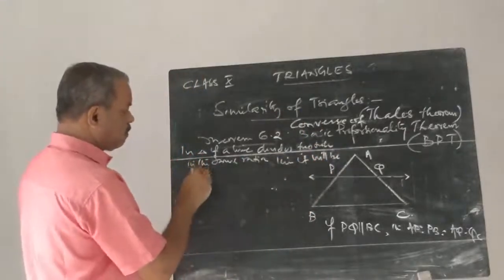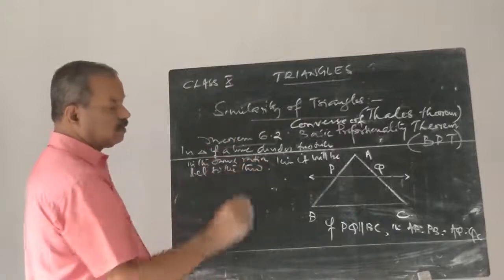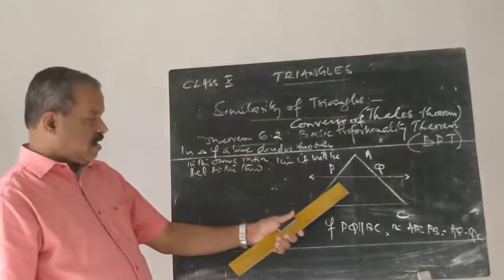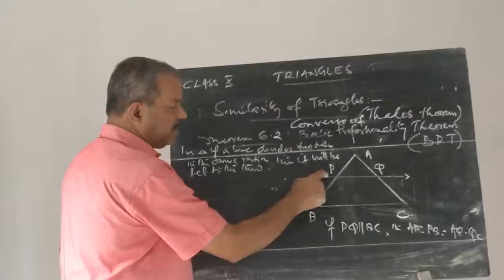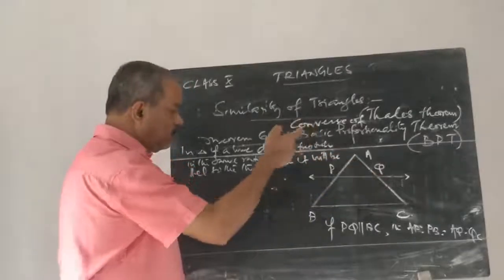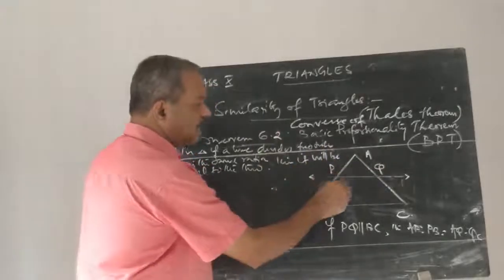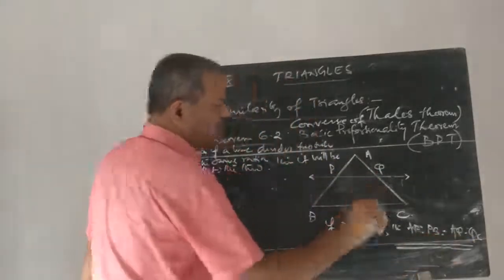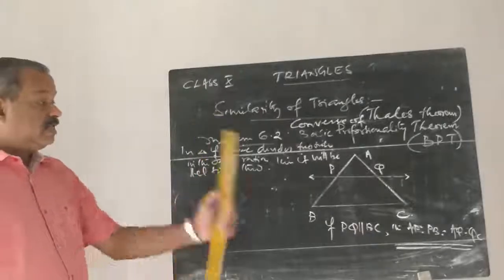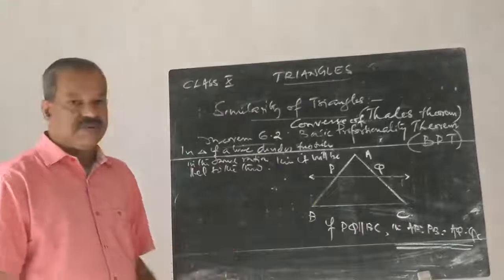That is, in a triangle, a line divides two sides in the same ratio. That is, if AP is to PB equal to AQ is to QC, then PQ will be parallel to BC. Then the line is parallel to BC.